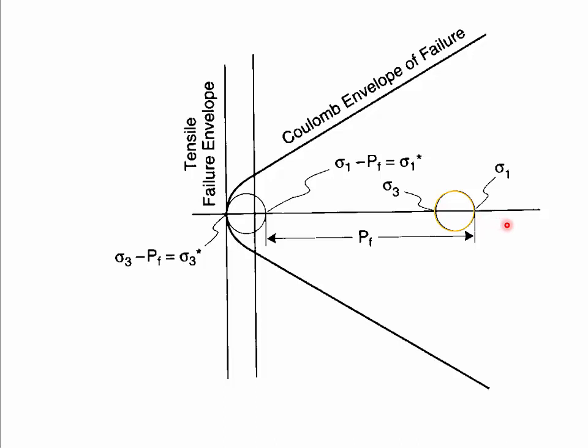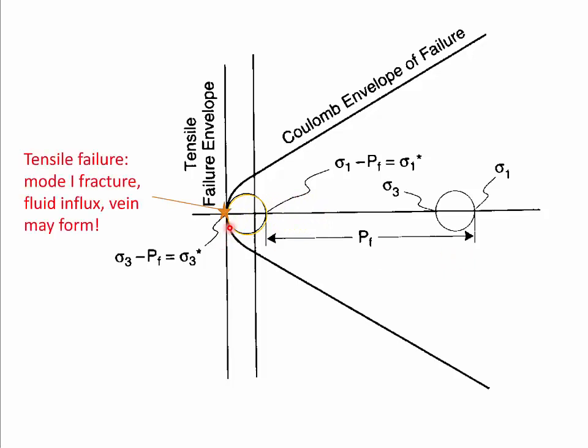However, if we now produce more fluid or we heat up the rock, then the fluid pressure in this rock will increase, and we will have to subtract the magnitude of the pore fluid pressure from both sigma 1 and sigma 3. That would mean that with increasing pore fluid pressure, our Mohr circle effectively would move to the left-hand side.